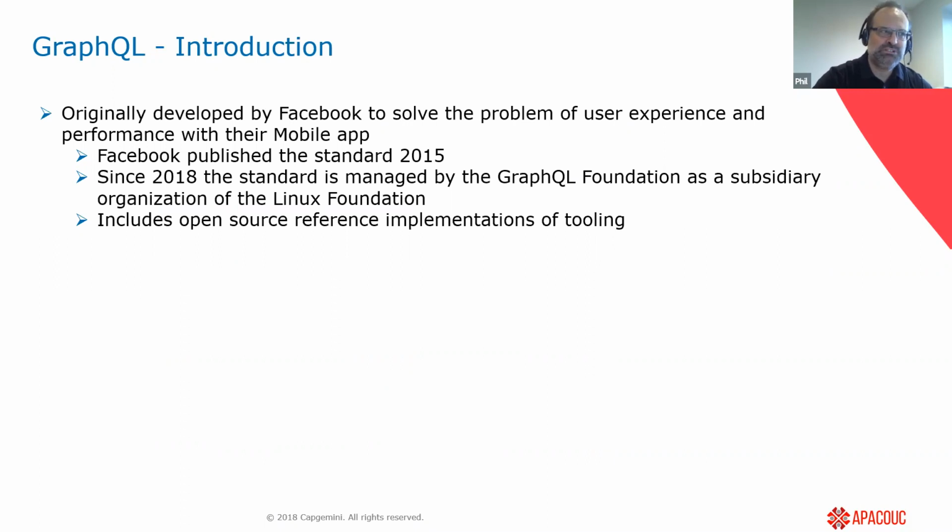And what they were trying to do is address this problem of being too terse or too generous with information, because what they were learning is that mobile platforms were the most common way of interacting with Facebook, and they were finding that if they were too terse, they were swamping their back end with so many queries.